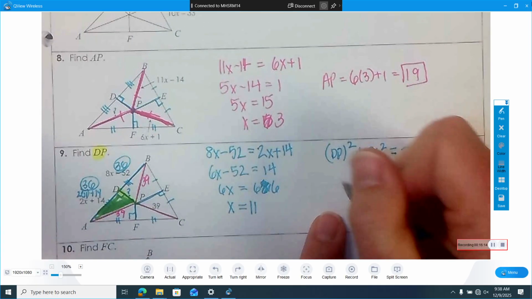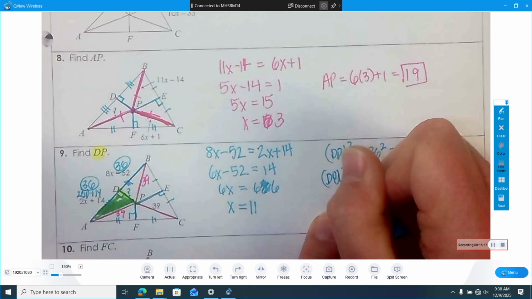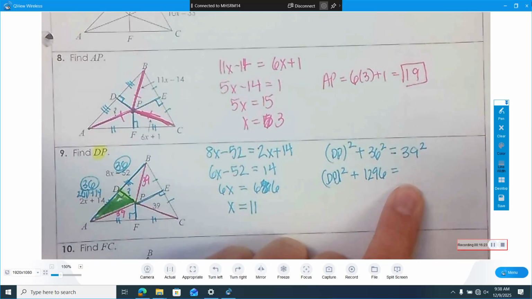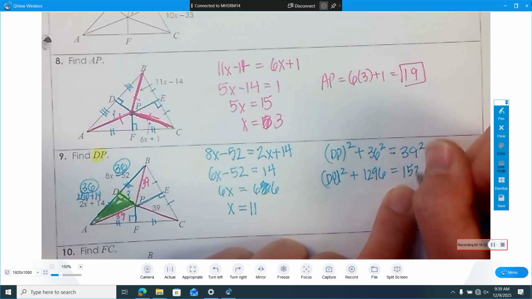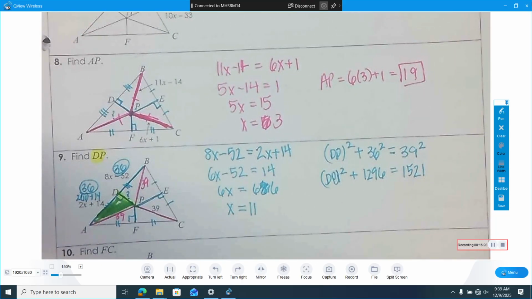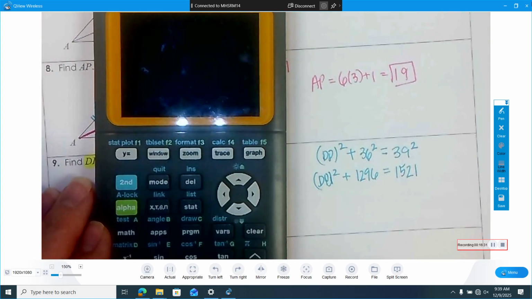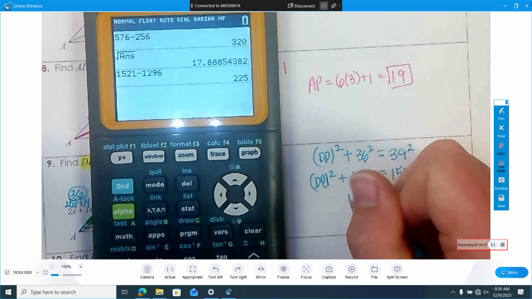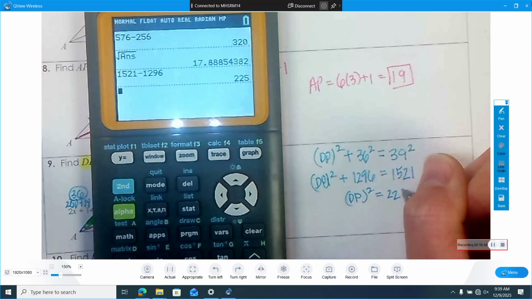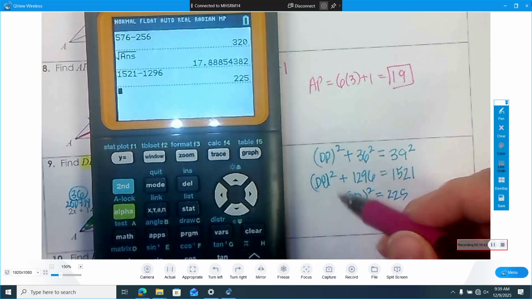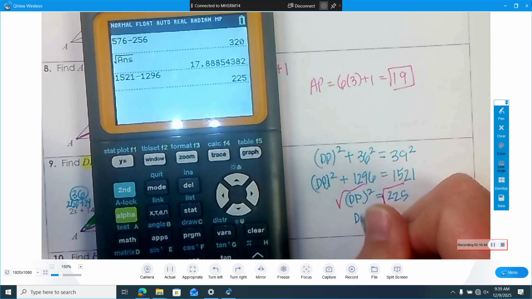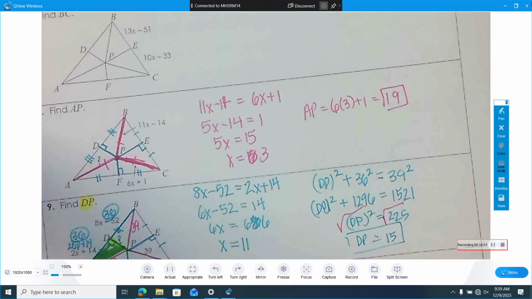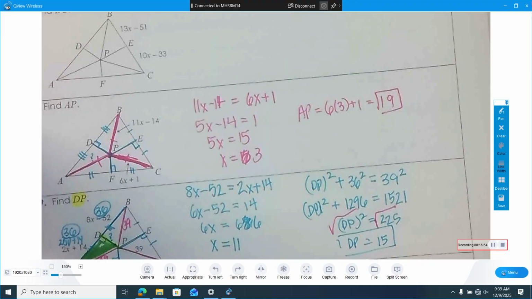So 36 squared is 1296, and 39 squared is 1521. And we can subtract 1521 minus 1296. We get DP squared equals 225, and then square root. So DP equals 15. Great, that's what we were trying to figure out. Questions for me? Okay, turn the page.